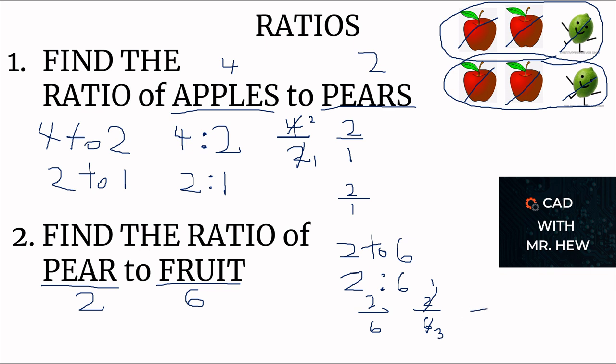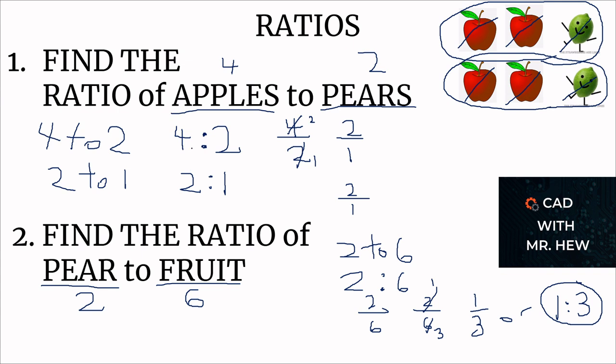So therefore then we have 1 upon 3 or 1 colon 3. All right? So this ratio is called the part to whole ratio.